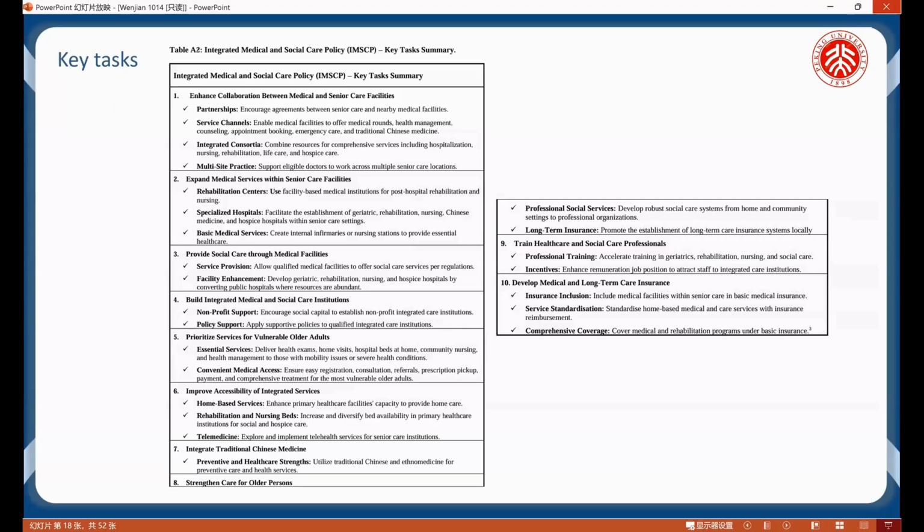The first one is enhancing collaboration between medical and senior care facilities. The second is expanding medical services within senior care facilities. Here we can see the total 10 tasks.